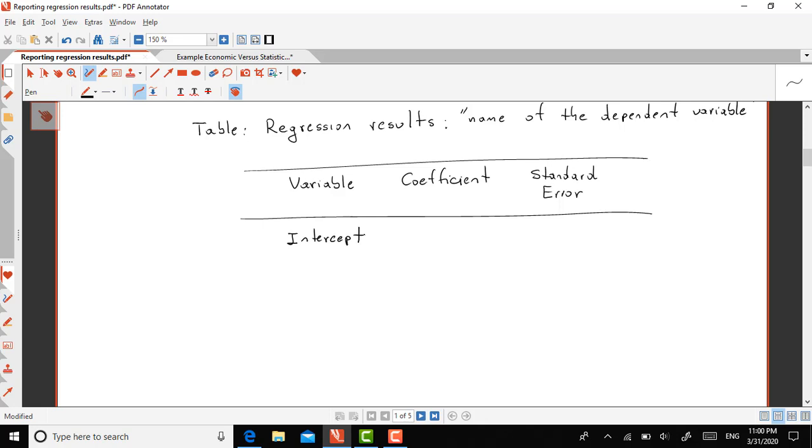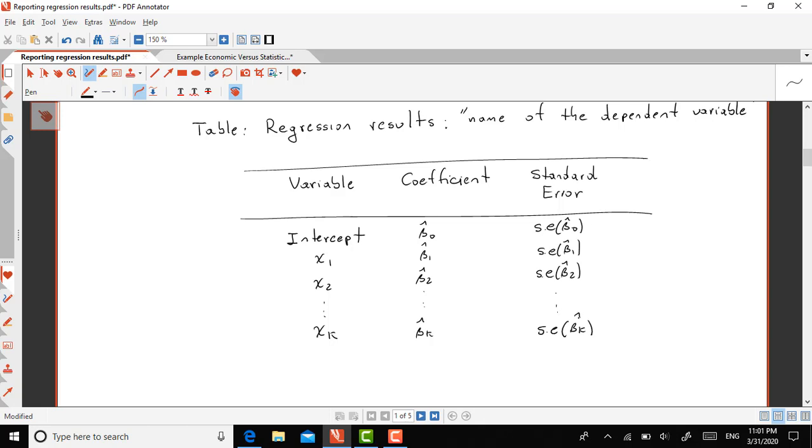Well, not always, but most of the time. And then here you're supposed to write the name of all of your explanatory variables. Then here you have to report the values of the coefficients, and the standard errors. So we're presenting the same information that we had before, but presented using a different format.